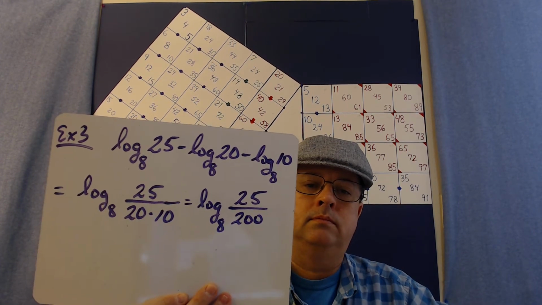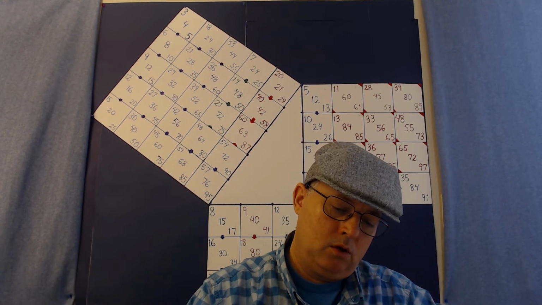All right. And then let's see. 25 is 25 times 1, and 200 is 25 times 8. And so we have the log base 8 of 1 over 8.